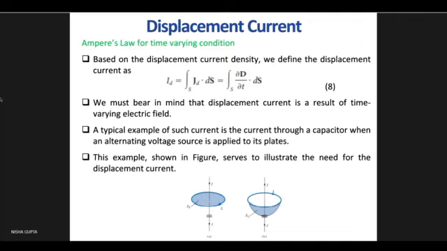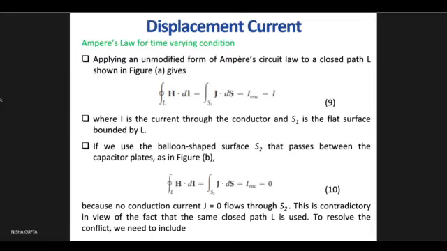So it is just intersecting the capacitor. Now what we do is apply the unmodified form of Ampere's circuit law to the closed path L.